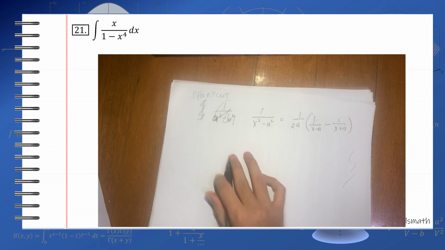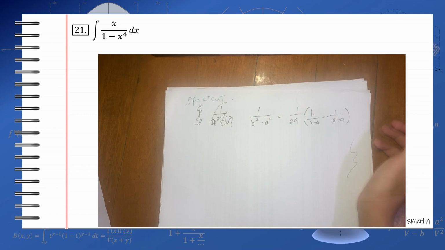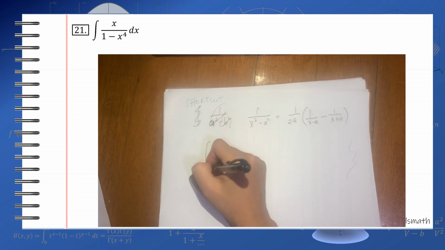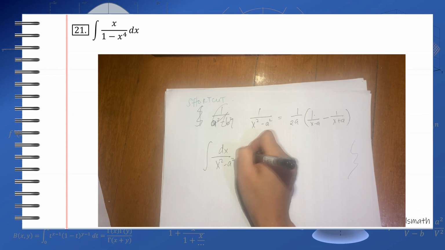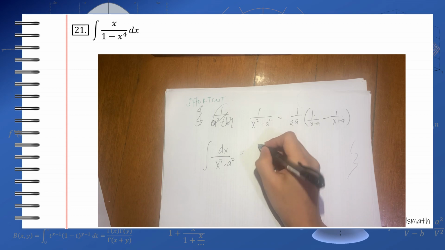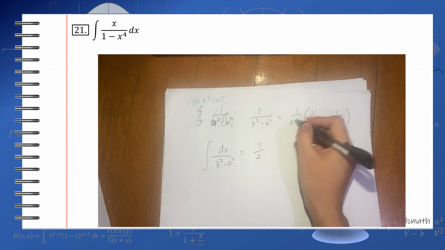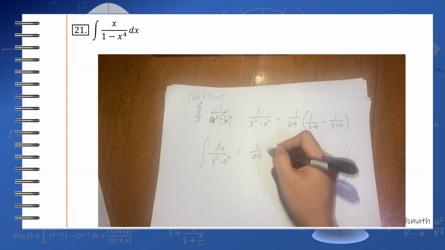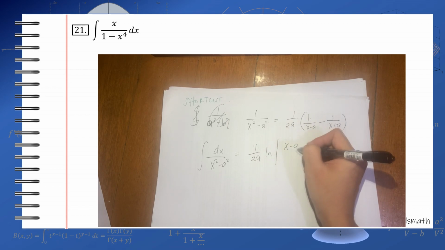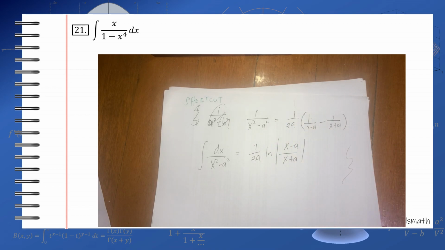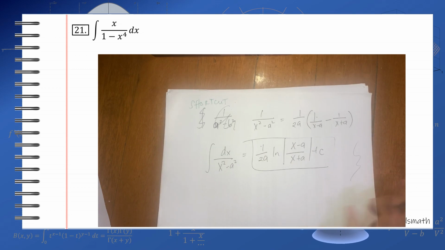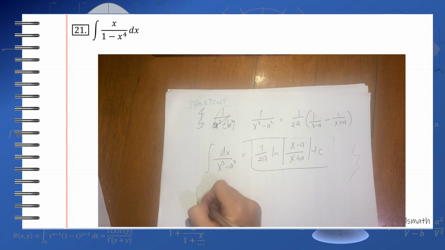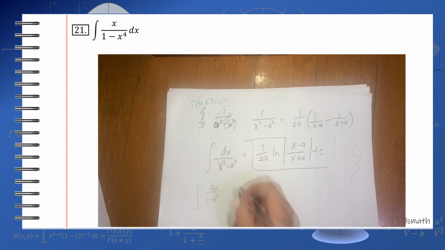So the further shortcut is, if you get the antiderivative of this, it looks like this. The integral of this is equal to 1 over 2a times ln of x minus a over x plus a plus c. So for example, the one earlier, you have du over 1 minus u squared.